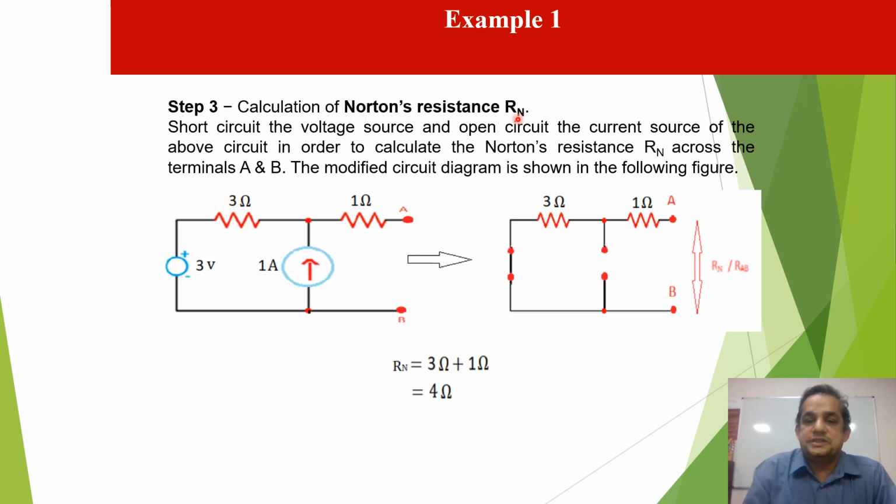Now come to calculate the value of Norton resistance. Calculation of Norton resistance Rn. Short circuit the voltage source and open circuit the current source, which I have said earlier.